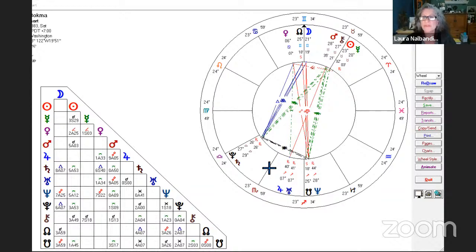It's not moving forward into the next house. It's coming back from that next house, moving back into this house. So that's part of the interpretation. These are all subtle things that have to be taken into account that change a great deal of the interpretation along the way, particularly this Pluto retrograding back to the first house cusp. It basically means Sydney is a first and second house Pluto.